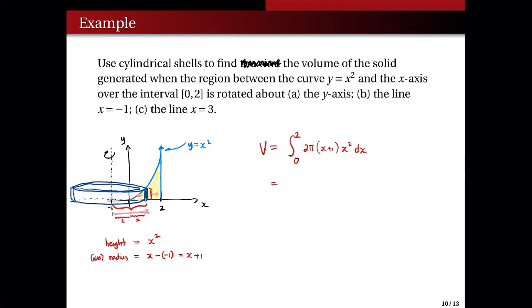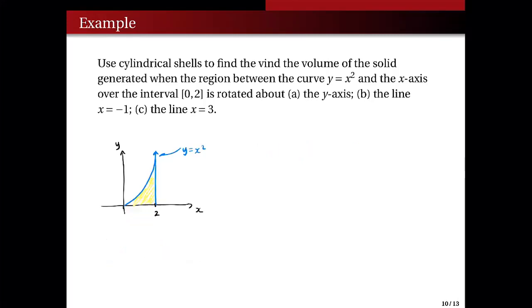Let's do letter C. In here, we want to find the volume of the solid if the region is revolved about the line x equals 3. So let us see. Let me just move this guy here because we will need the space.